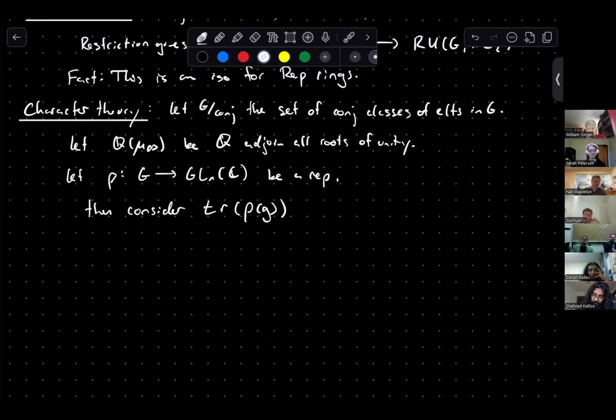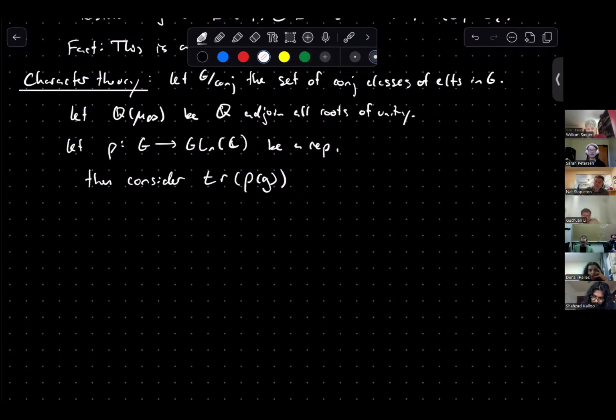And this is some number in the complex numbers a priori.